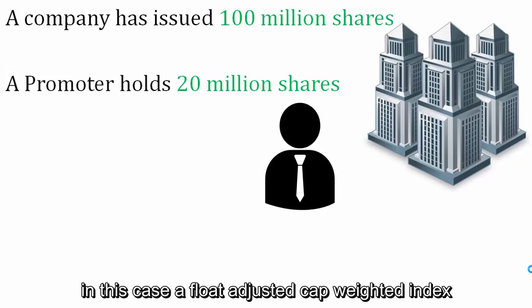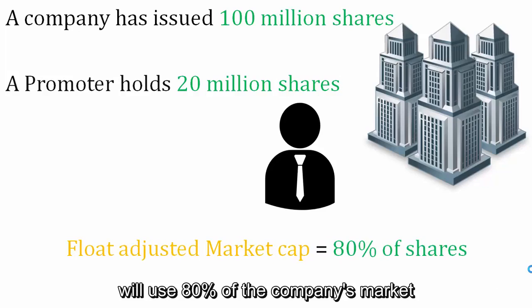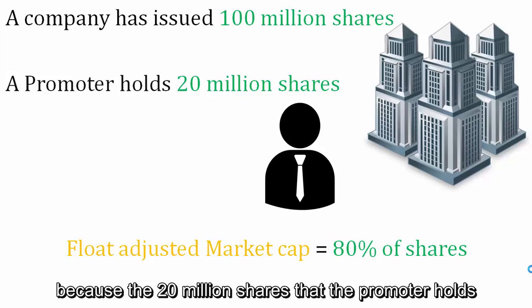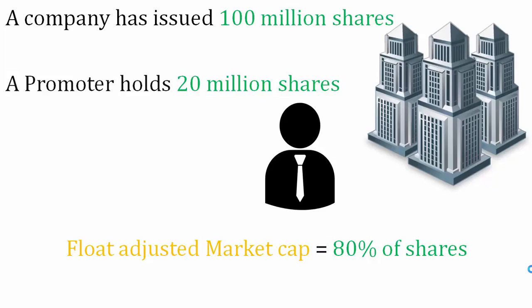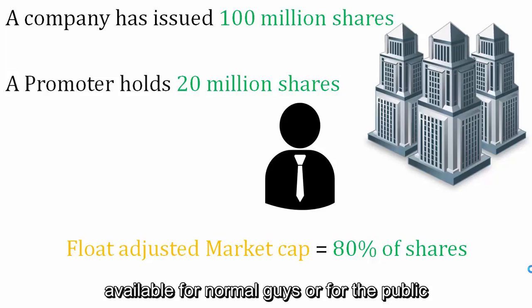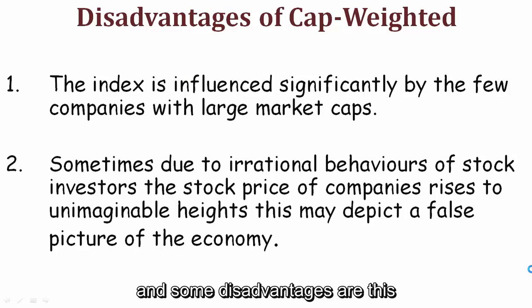In this case, a float adjusted cap weighted index will use 80% of the company's market cap to determine its place in the index, because the 20 million shares that the promoter holds are not available for trading. That means only 80% are left available for the public for trading. Some advantages are these and some disadvantages are these.